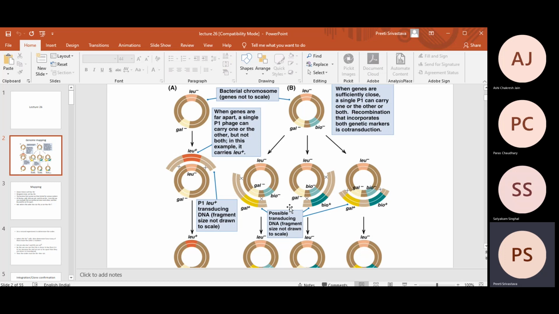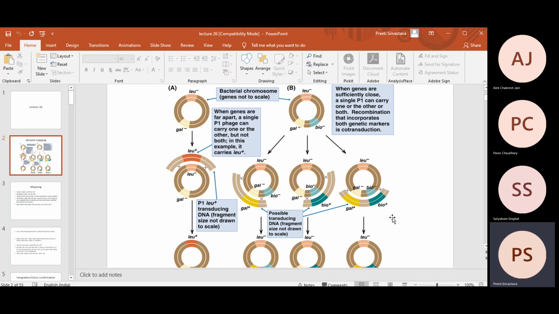In this case, you see that some cells are Gal plus but still Bio minus. Some cells are Bio plus but still Gal minus and Leu minus. On the other hand, some cells are Gal plus and Bio plus. So this tells you that Gal plus and Bio plus are present in close proximity, and this trait can be conferred because of this proximity.